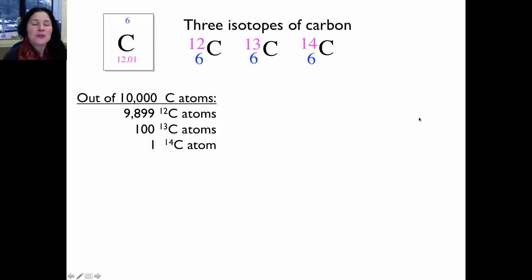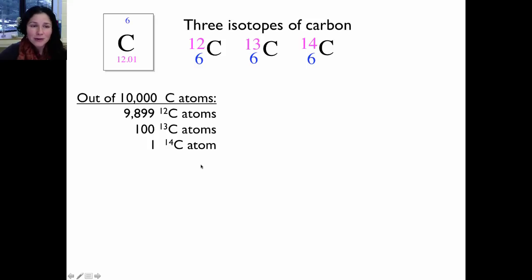Your activity gives you the information that there are approximately 9,899 carbon-12 atoms. There are about 100 carbon-13 atoms here, and there's about 1 carbon-14 atom. So you can see that carbon-14 is the most rare kind of carbon atom, or the rarest isotope of carbon, and that carbon-12 is the most common isotope of carbon.